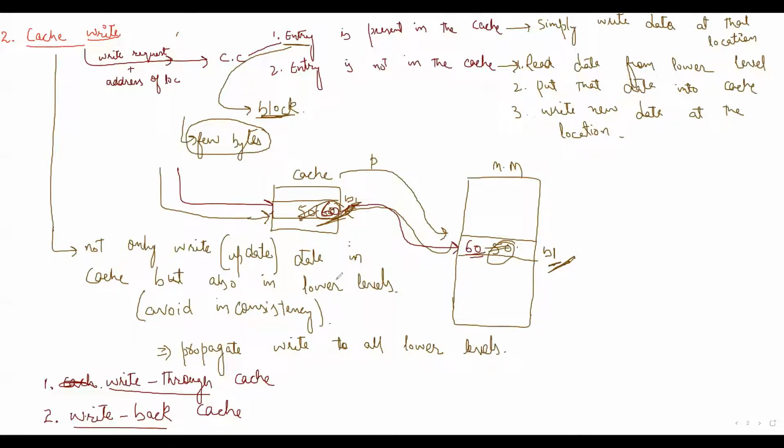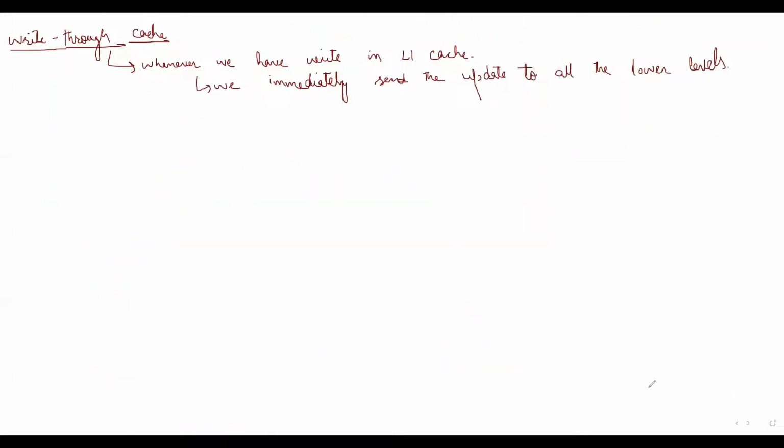So there will be no inconsistency. So write through cache means that in this particular cache, whenever we have a write operation, we immediately send that update to all the lower levels. And this scheme is quite simple.